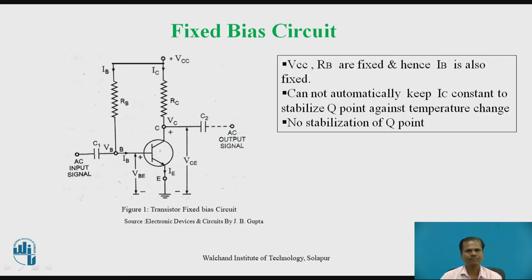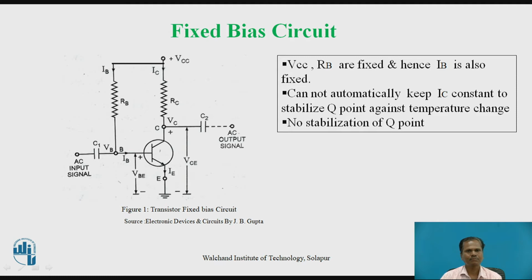It is the simplest biasing circuit for a transistor using a minimum number of components. So, using single resistor between VCC and base terminal of transistor, this biasing circuit is constructed. So, VCC, RB are fixed, hence the base current IB is also fixed. That is why this biasing circuit is called a fixed biasing circuit.